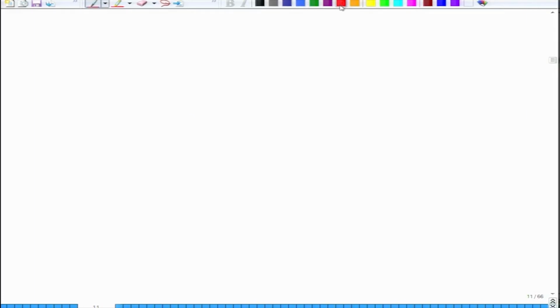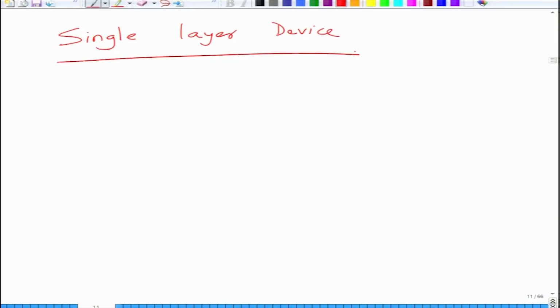The first design of organic solar cell is the single layer device. Here you have a single polymeric material like this.